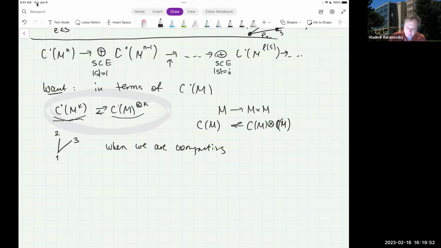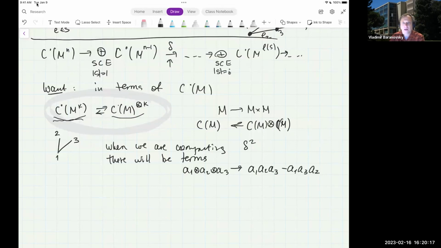So when we compute the combinatorial part of this differential delta, delta squared, there will be terms where you started with a triple tensor product A1, A2, A3, and then you end up with A1, A2, A3 minus A1, A3, A2.